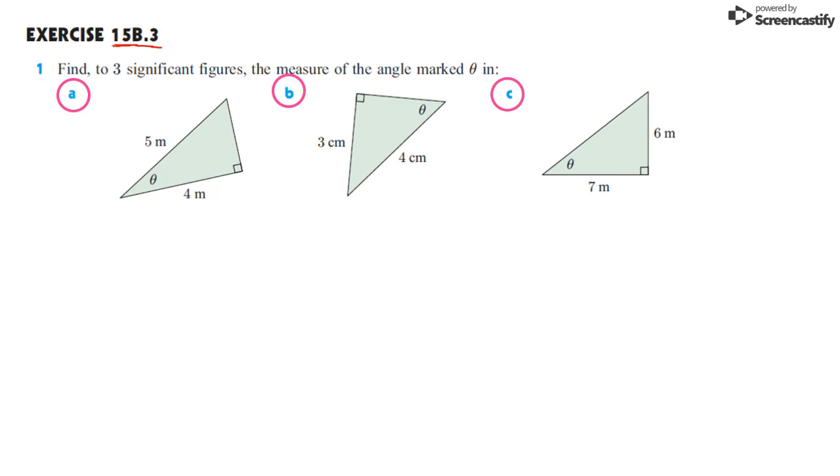So take a moment, pause the video, and see if you can set up each of the trig functions that relate in reference to the angle we're trying to solve for, and with the given sides, which trig function you would use. Then I'll have the way you would type it in the calculator on the board.